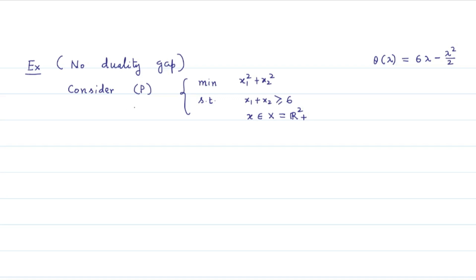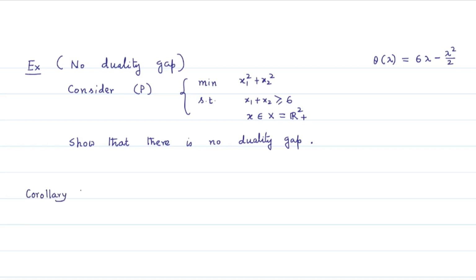Now for this problem, please show that there is no duality gap. You will find that at the optimum solutions for both the primal and the dual, the values are the same, the value 18.